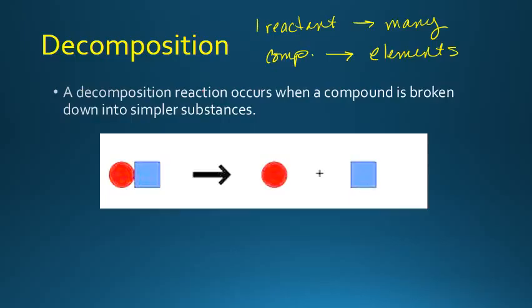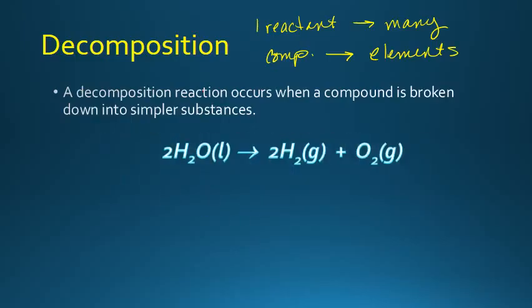This is a nice visual for decomposition, but let's take a look at this particular chemical equation. In this one we have water, a single reactant, and it's going to break down to its elements, hydrogen and oxygen.